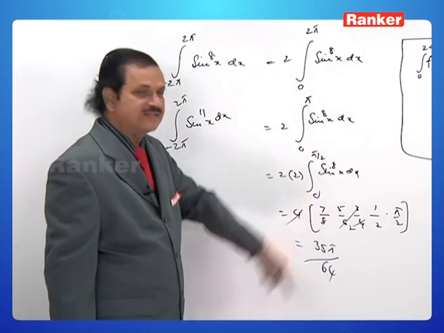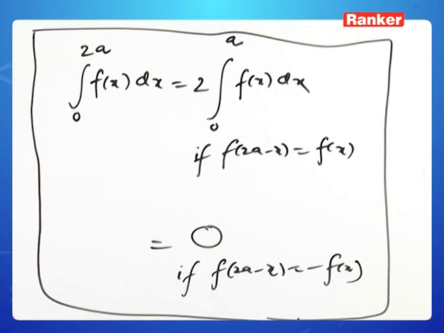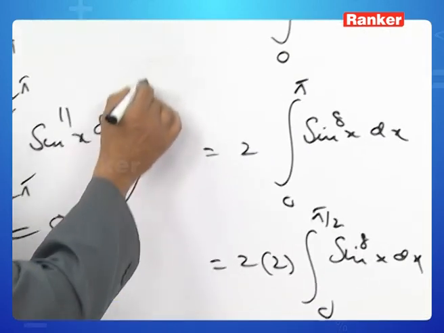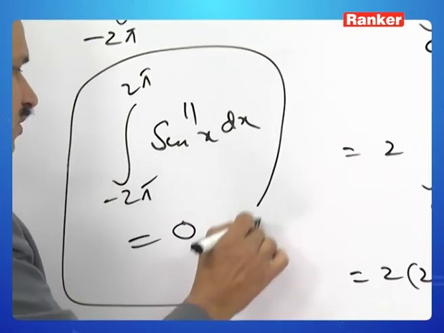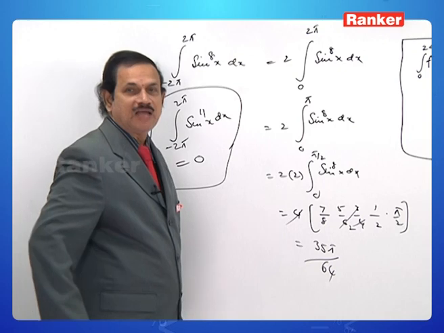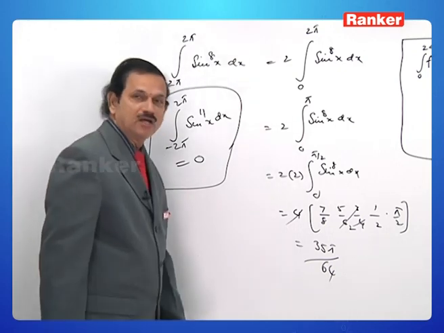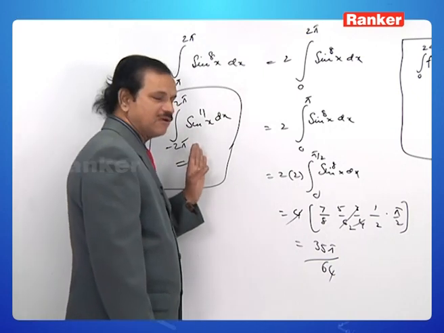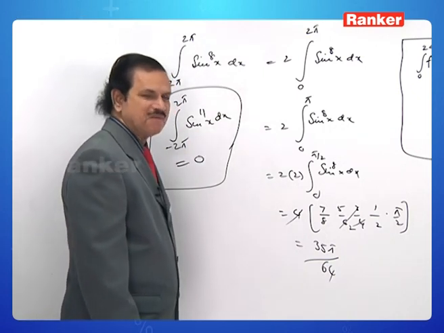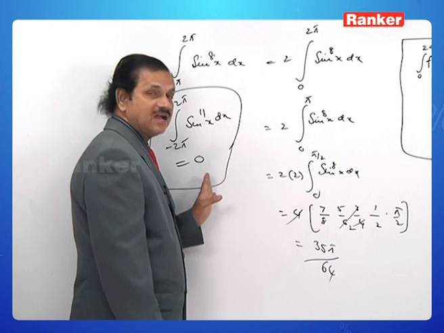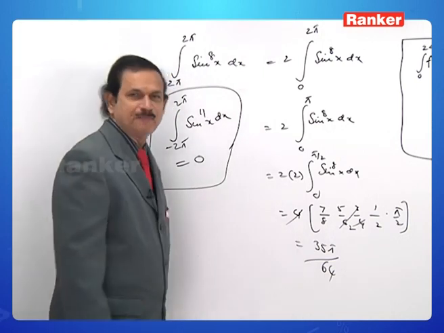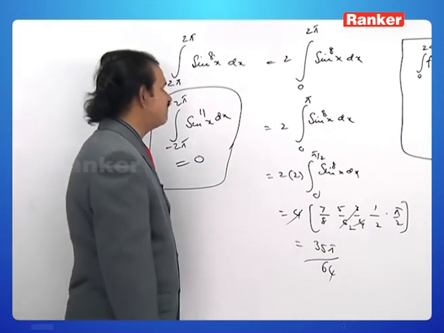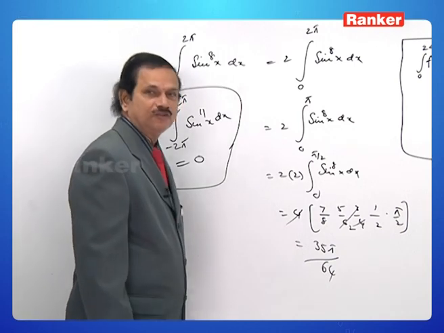The second case, hence the answer is 0. Mercilessly we put 0 because sine power 11x changes sign in the fourth quadrant, isn't it? So, sine power 11 of 2 pi minus x is nothing but minus sine power 11x. Hence the answer becomes 0 in the very first step itself, isn't it?